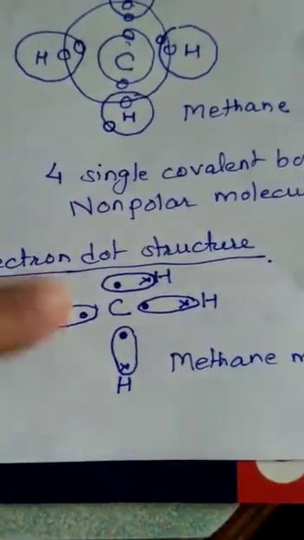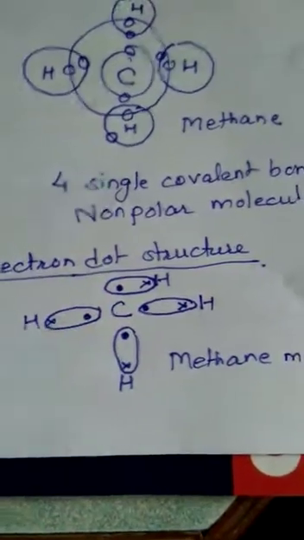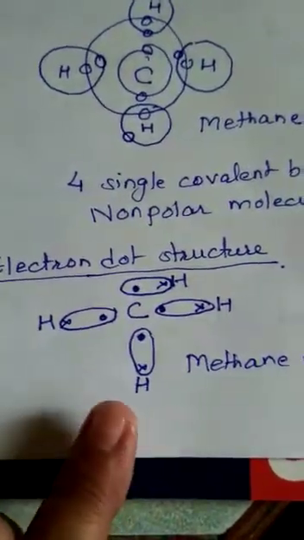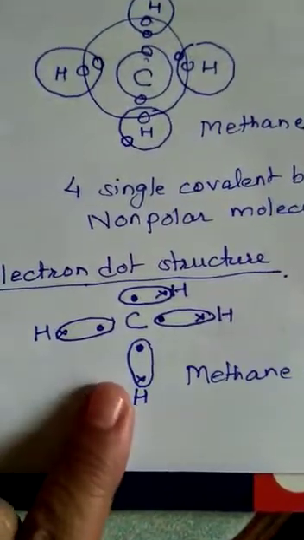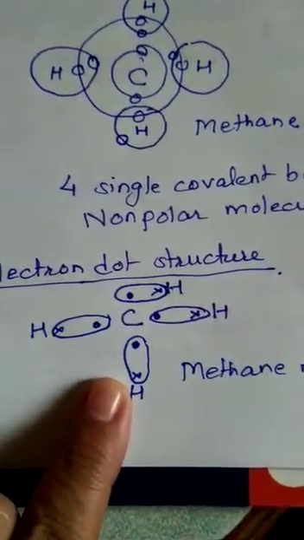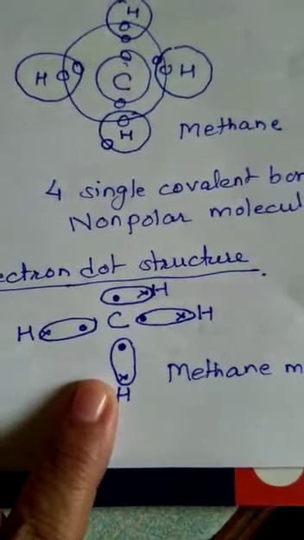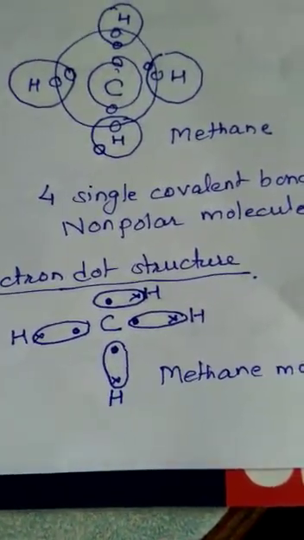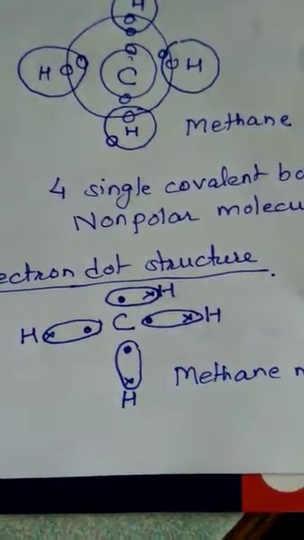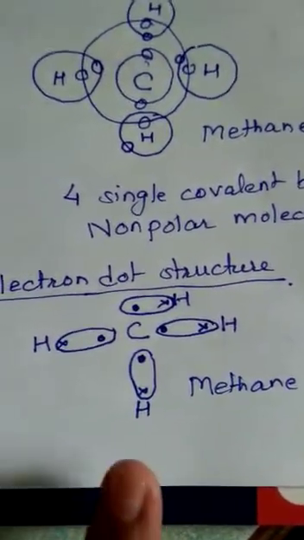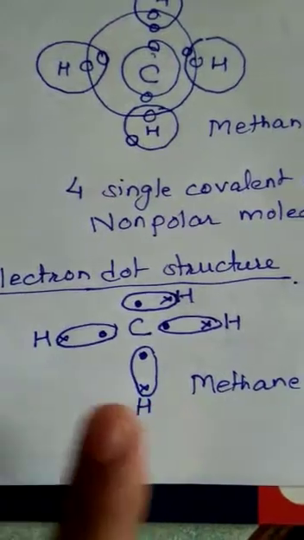So 4 electrons are shown by 4 dots, and each hydrogen has 1 electron in its only shell. The electron of hydrogen is shown by a cross. We can show the electrons by hollow circles, or dots, or we can also show them with the help of a cross. So we are showing hydrogen's electrons with the cross.